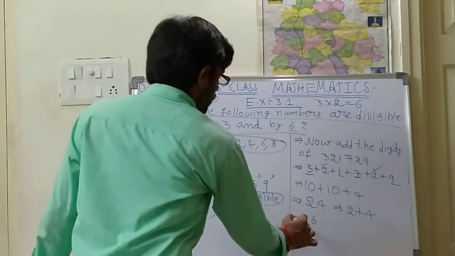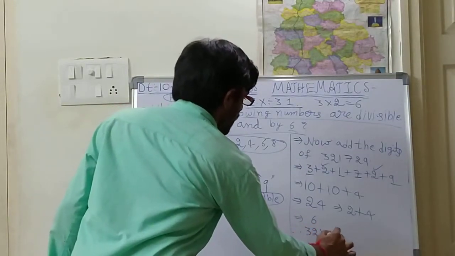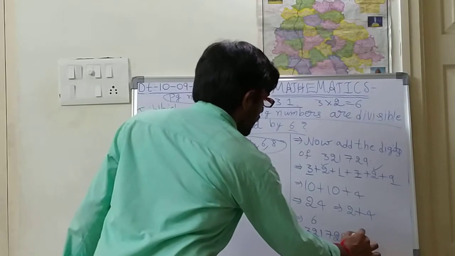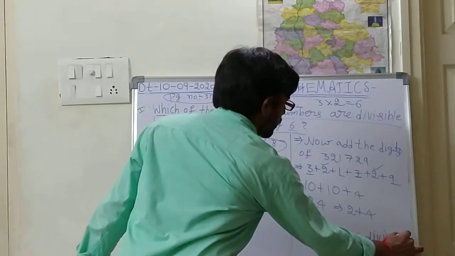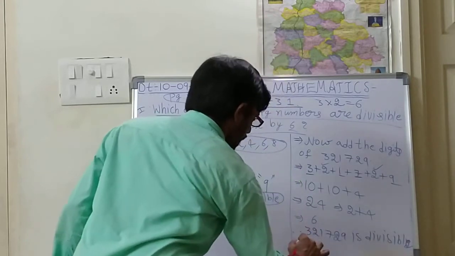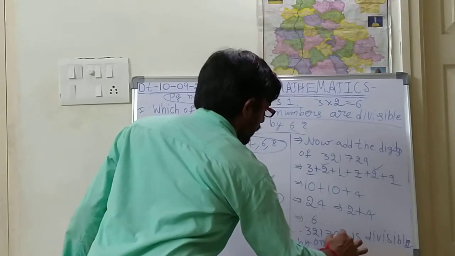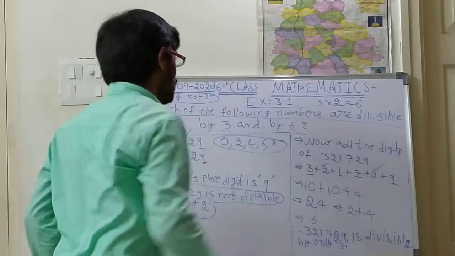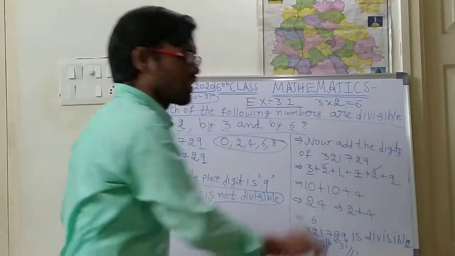Therefore, what you have to write: 3, 2, 1, 7, 2, 9 is divisible by only 3. Like that you are supposed to write. With that our answer is completed.